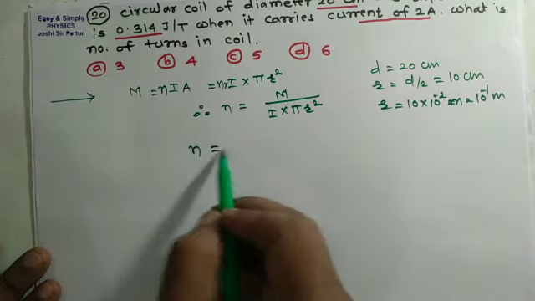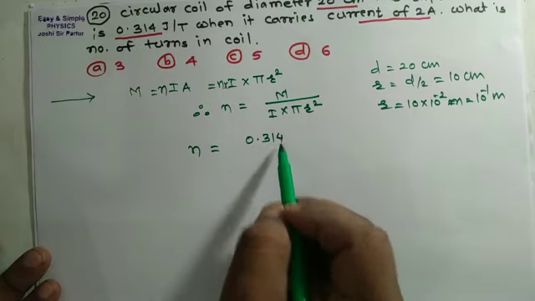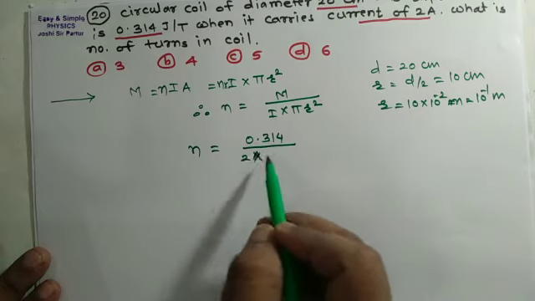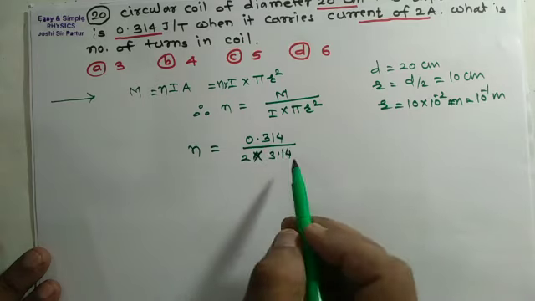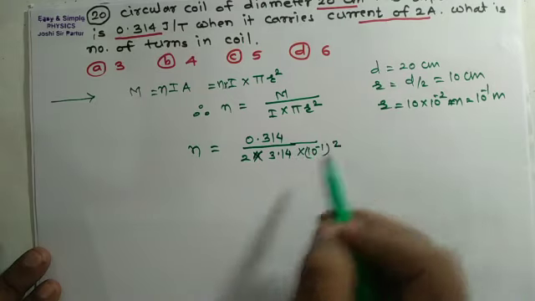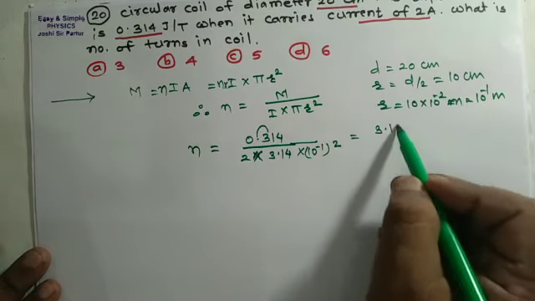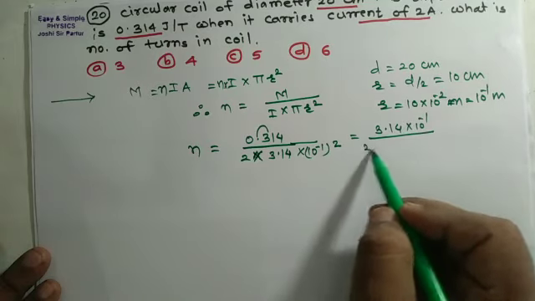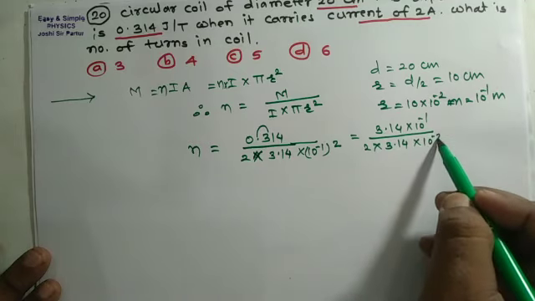So number of turns N is equal to capital M, which is given as 0.314, divided by I, which is given as 2 ampere, multiplied by pi r square, that is 3.14 into 10 raised to minus 1, bracket square. If the decimal point is shifted, we write it as 3.14 into 10 raised to minus 1 divided by 2 into 3.14 into 10 raised to minus 2.